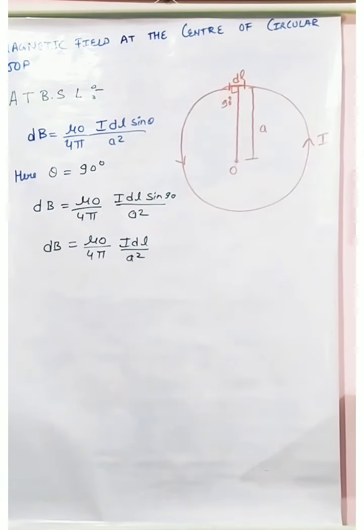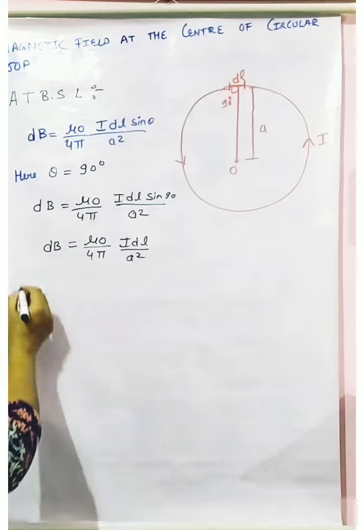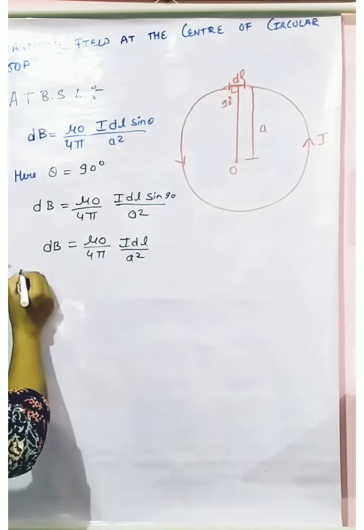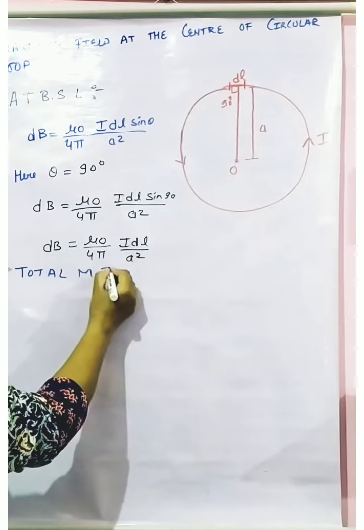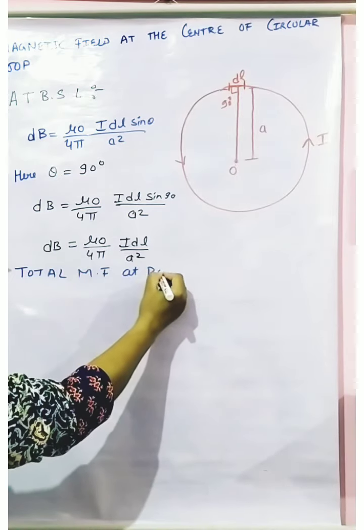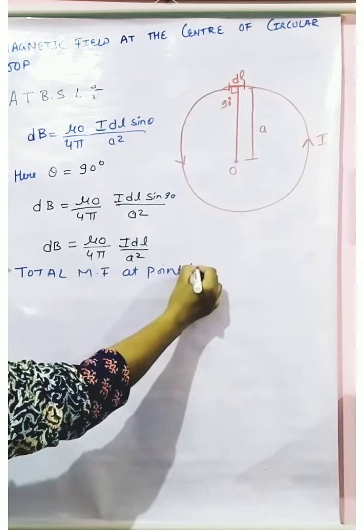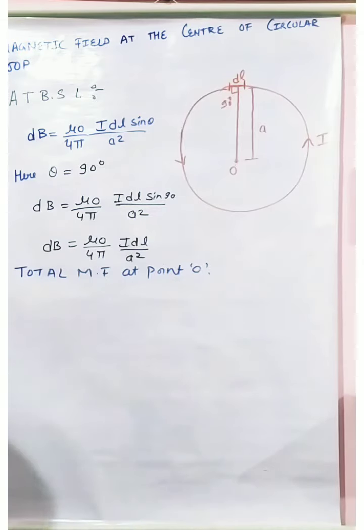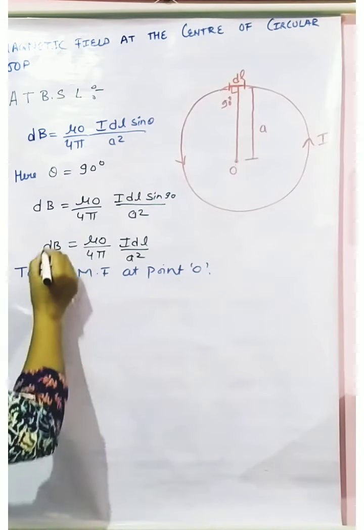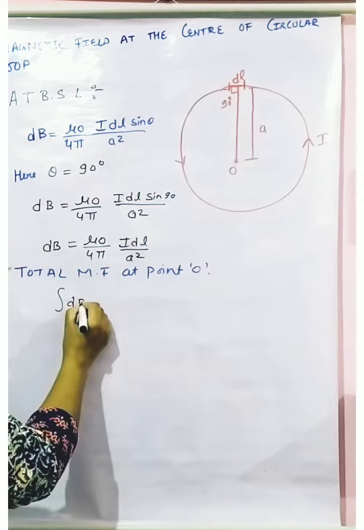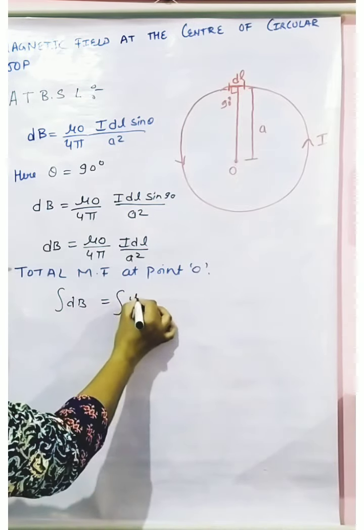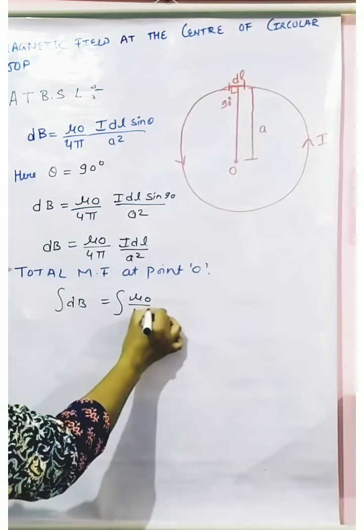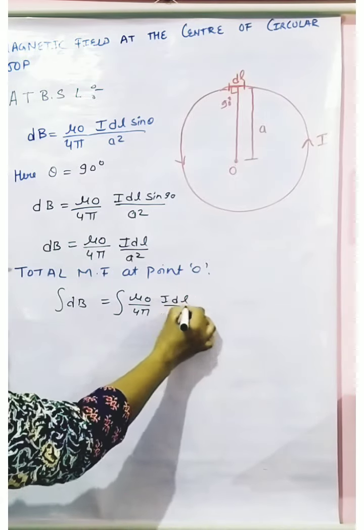If I need to calculate the total magnetic field at point O, I am going to get it by integrating dB. So when I integrate from both the sides, mu naught upon 4 pi I dl upon a square.